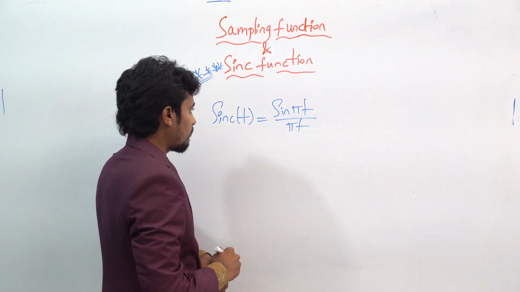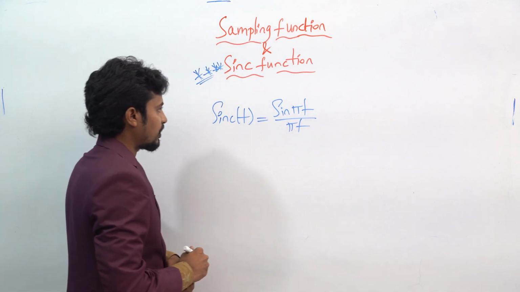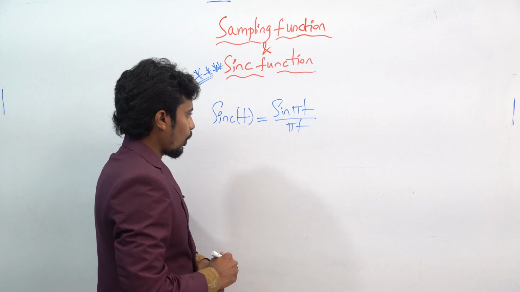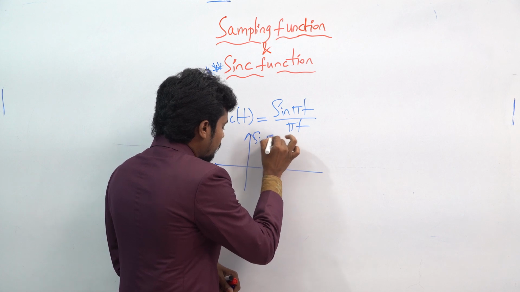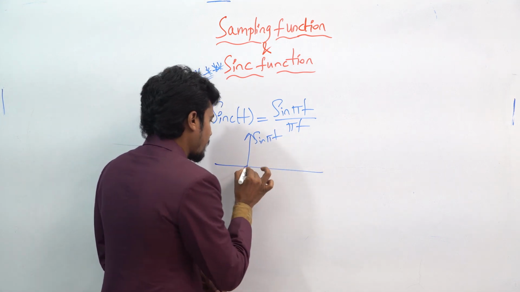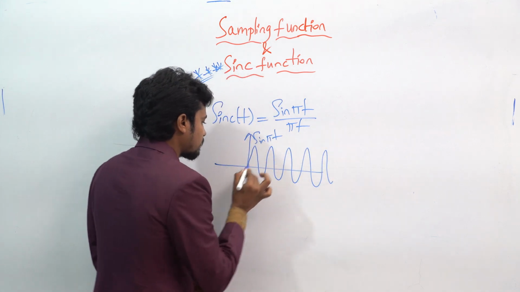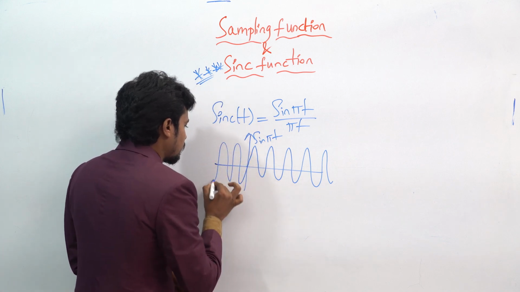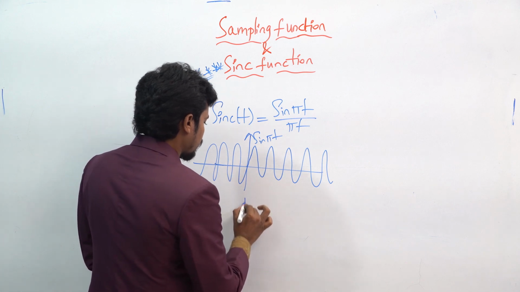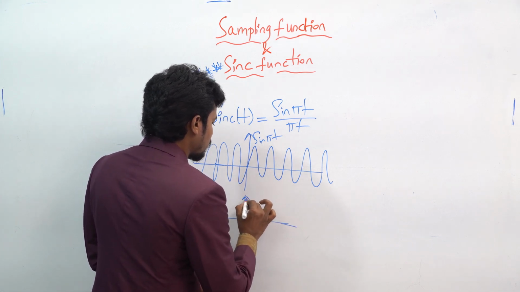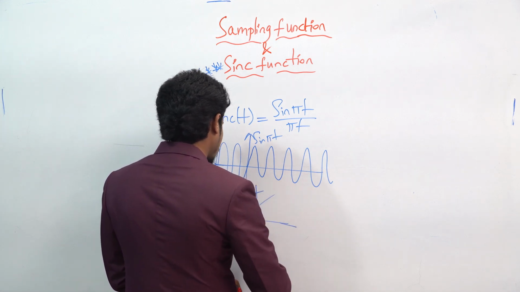This was the representation for the sinc function. So if you want to represent this sinc function in terms of a plot, how will it be represented? If you want to draw the plot for sin pi t, it will be just like a sine function. The plot will be like this. Divided by, what do you have to do? You have to plot pi t. Pi t is just like a straight line.